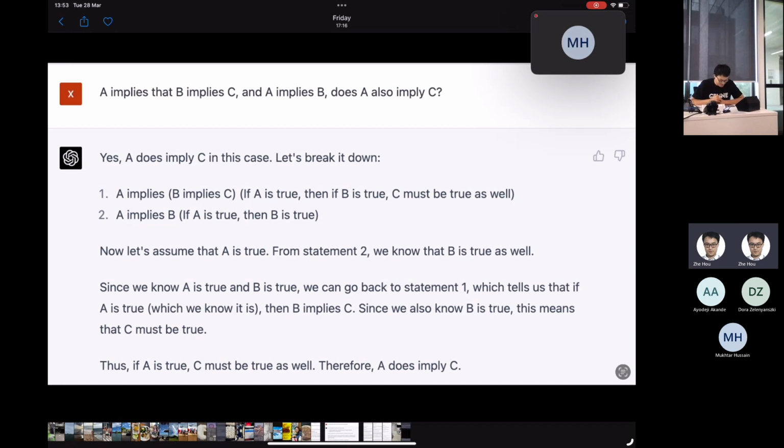We have 7 minutes. So this one says A implies that B implies C, and A implies B. The question is, does A also imply C? This is a bit hard to understand, right?